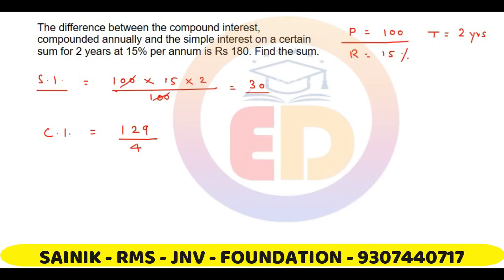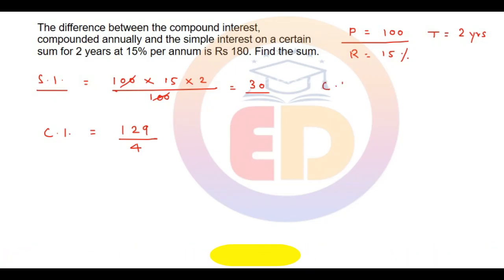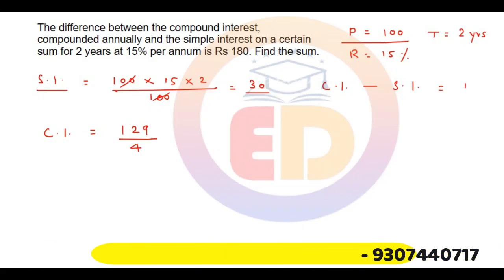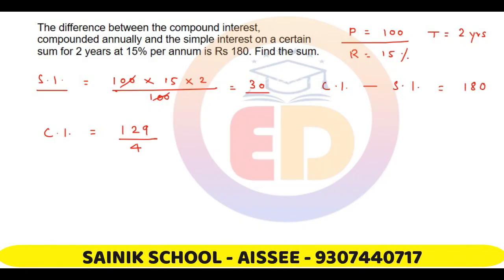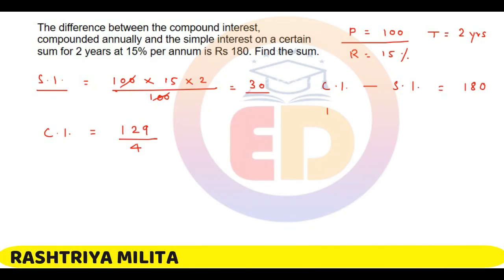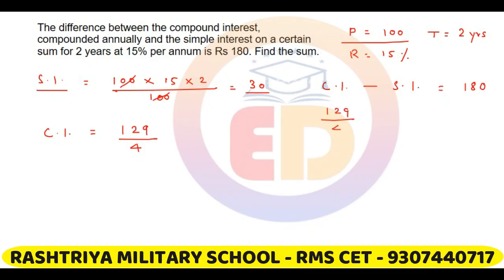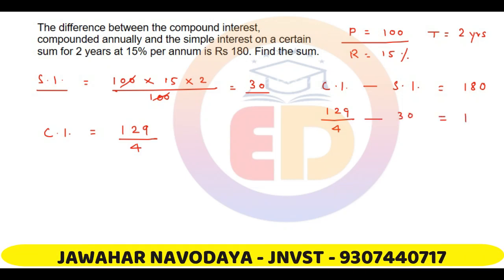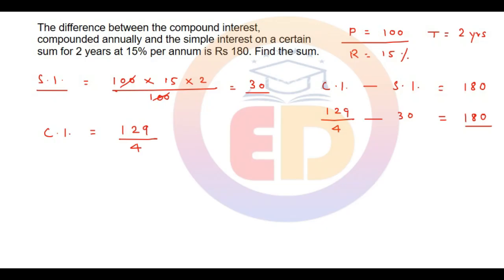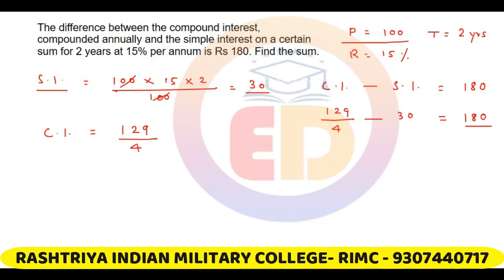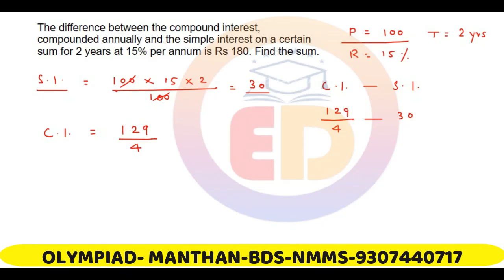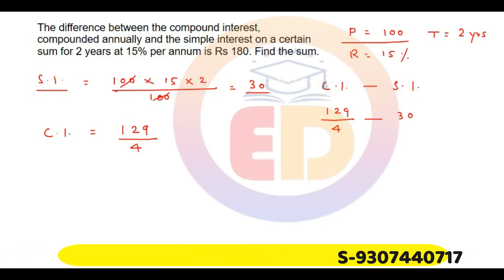According to the question, the difference of compound interest and simple interest is rupees 180. Let's take the difference between compound interest, 129 upon 4, minus 30. We are not going to equate it with 180 right now because our principal amount is 100 and in the given scenario we don't have the principal. So let us find out the difference.